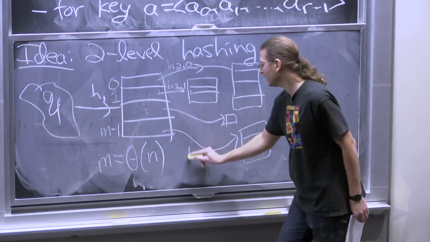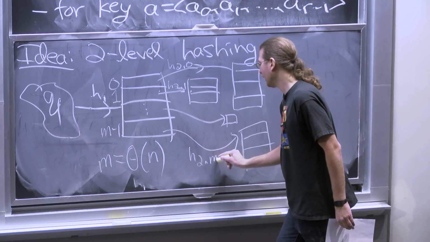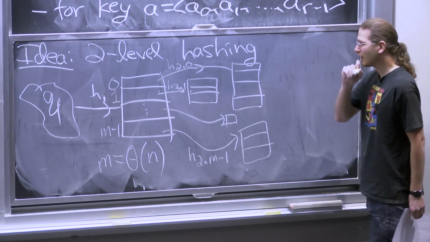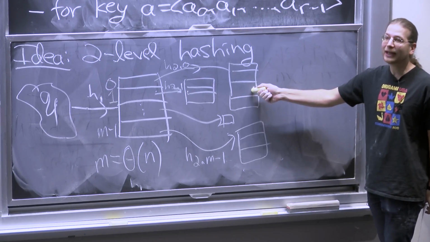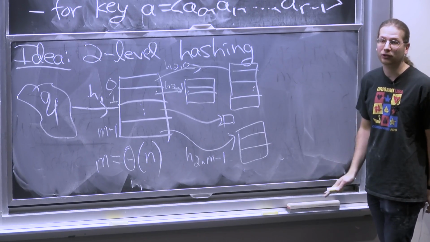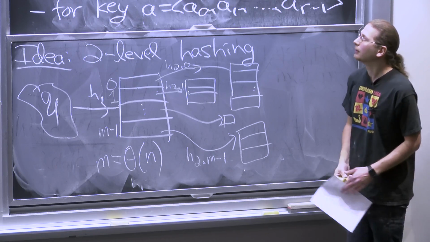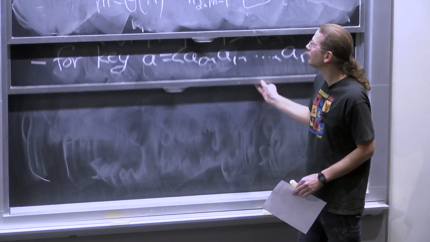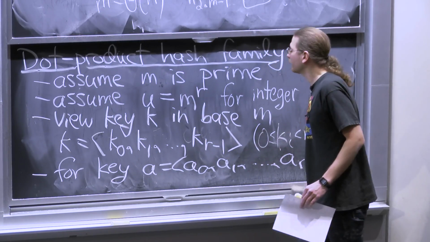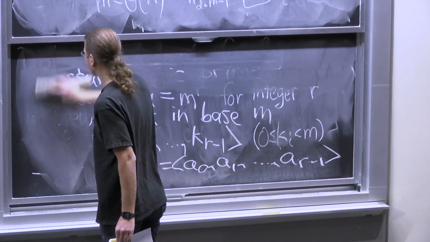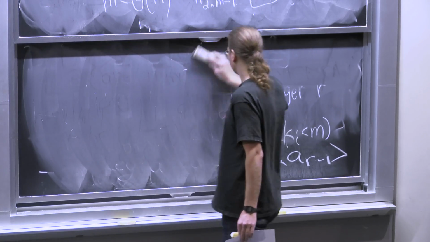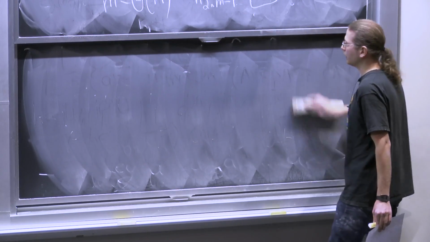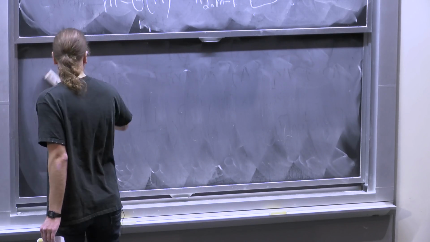So this will be h2,m-1. I'm going to guarantee in the second level of hashing there are 0 collisions. Let that sink in a little bit.